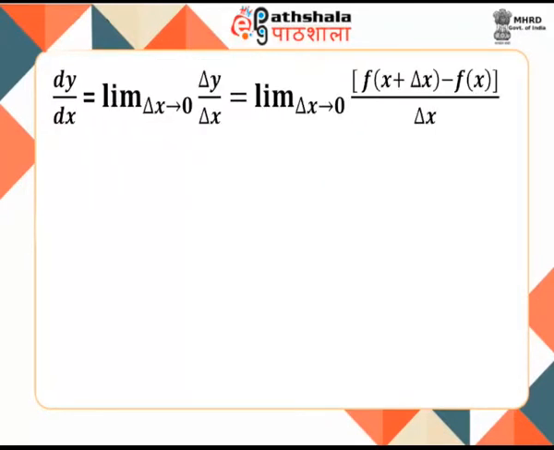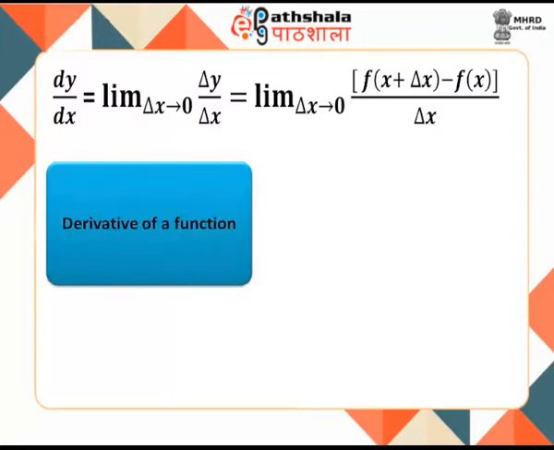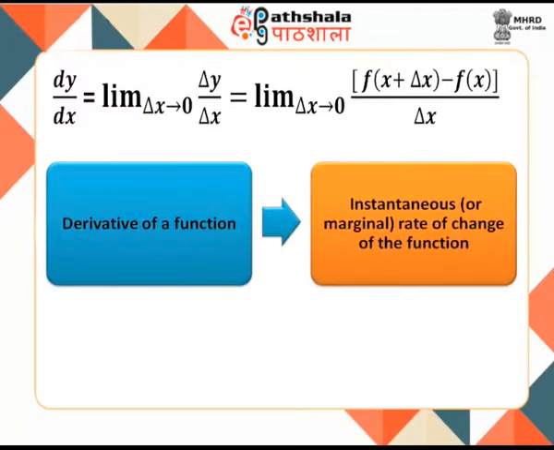Thus, dy by dx equals the limit of delta y by delta x as delta x tends to 0, which is further equal to the limit of f of x plus delta x minus f of x by delta x as delta x tends to 0. A derivative of a function is also called the instantaneous or marginal rate of change of the function.